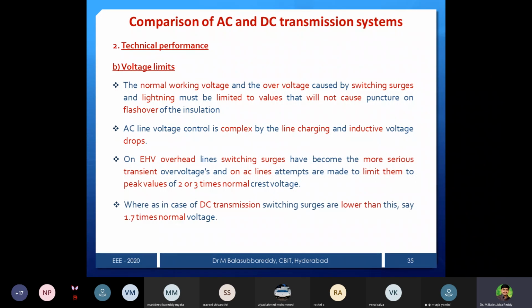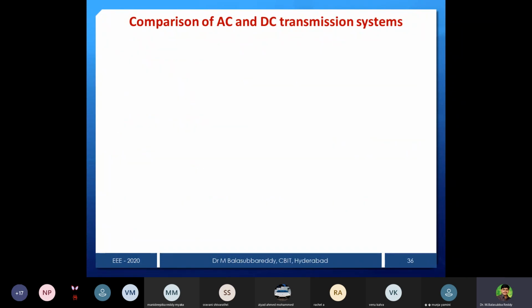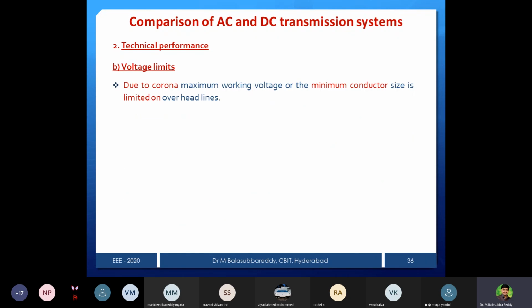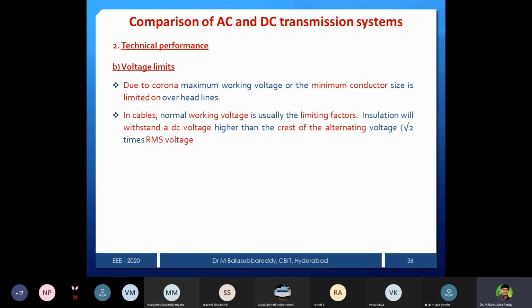But on the DC side, it will be lower, only 1.7 times the normal voltage. And due to corona, the maximum working voltage or the minimum conductor size is limited on overhead lines. So that is also a limitation in AC transmission lines.